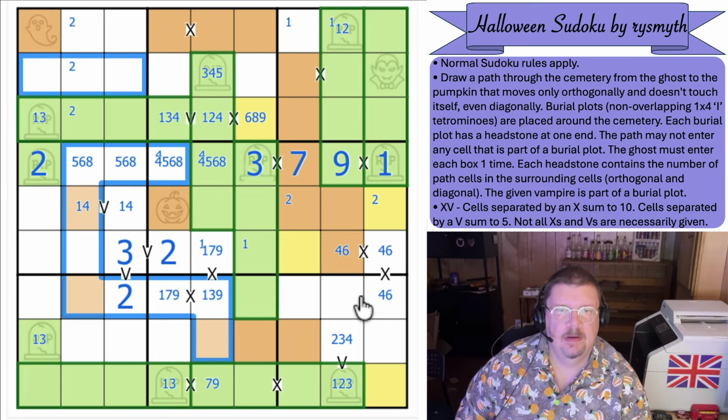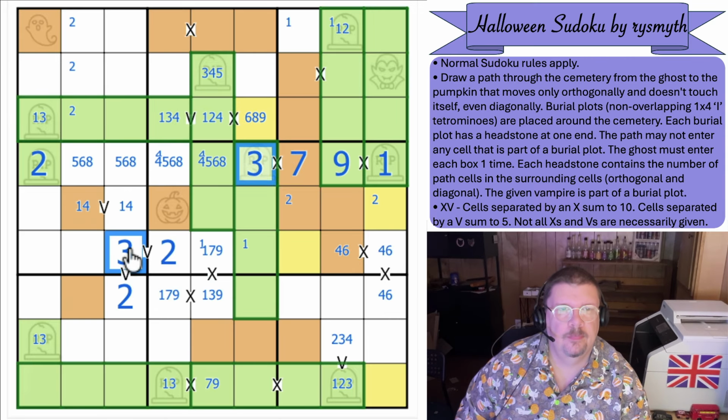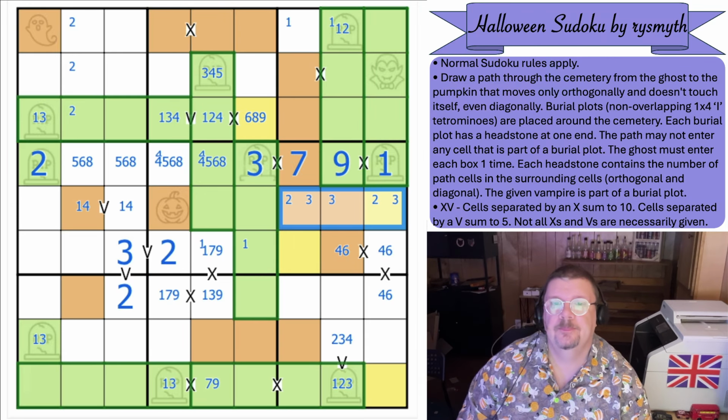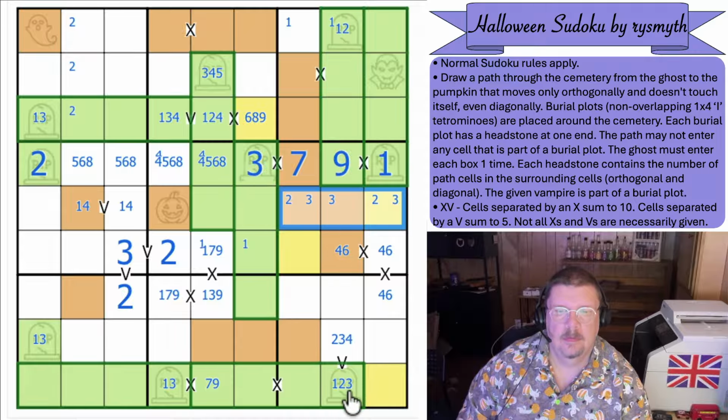That is not getting me where I want to go. Have we got more places for 3s? 3's in one of those. I've got a low digit in one of those.